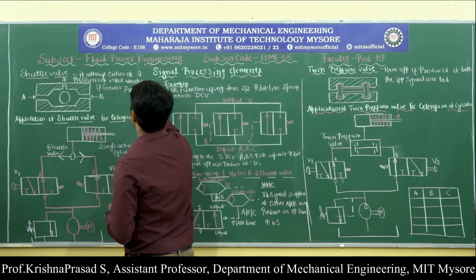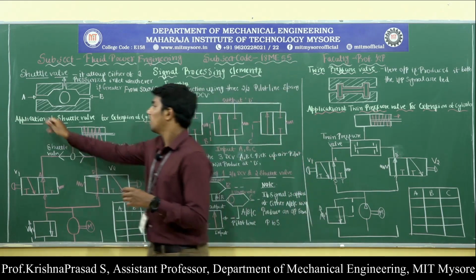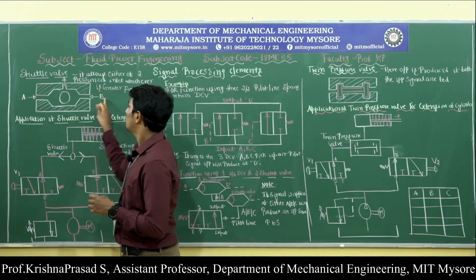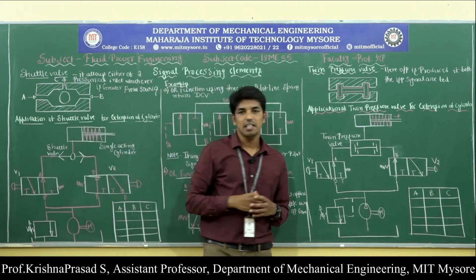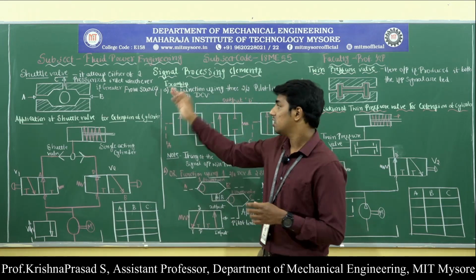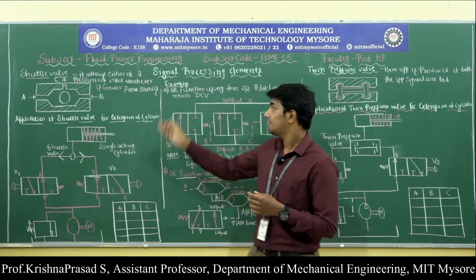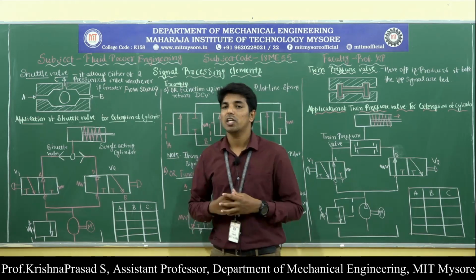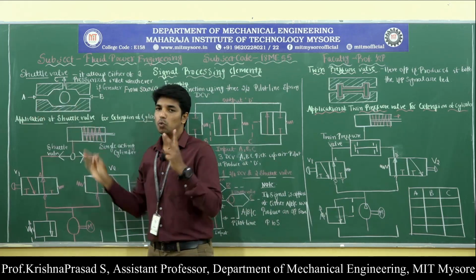The shuttle valve mainly consists of three ports, called A, B and C. Here A and B act as the inlet ports, and C is called the outlet port. The definition says it allows either of the two pressurized inlets, that means there are two inlet ports.